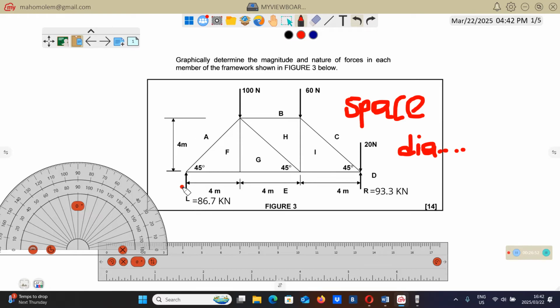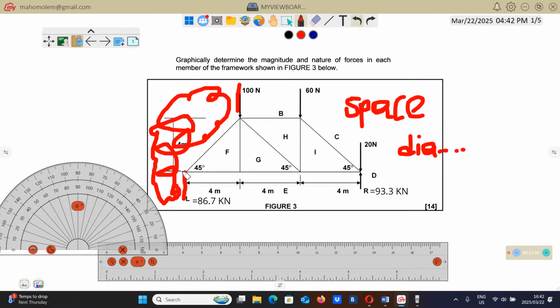Look here: the space between this force and this force, this space here, we're going to give it a name. We're going to call it A. Starting from here to there, all this space is A.